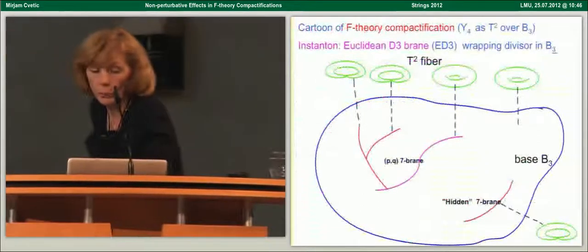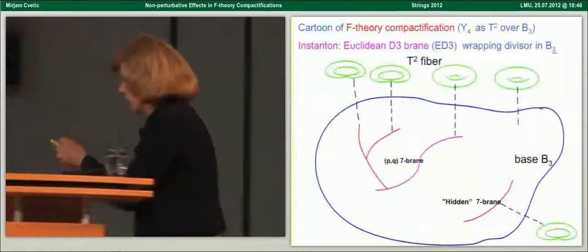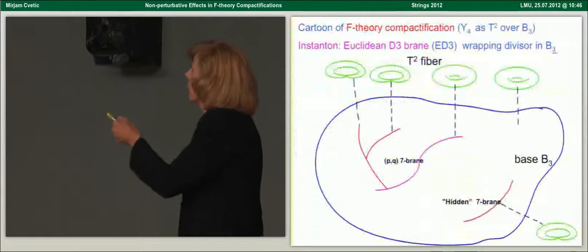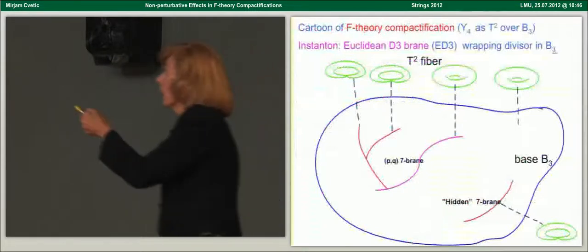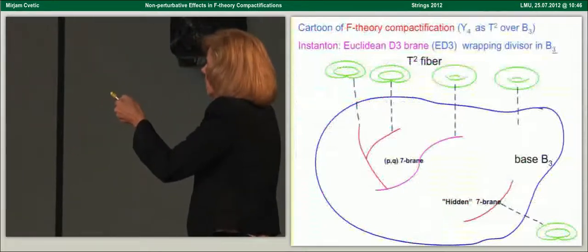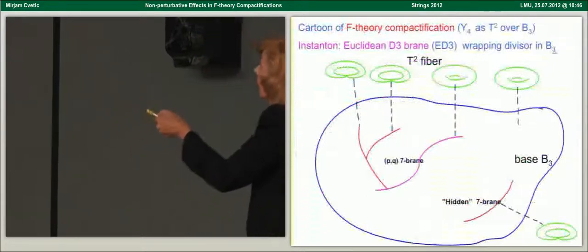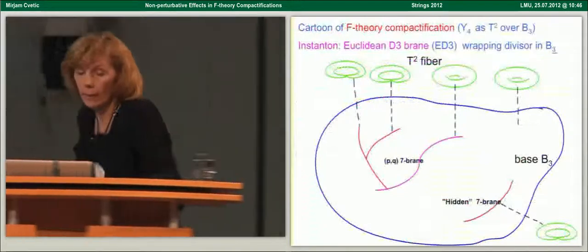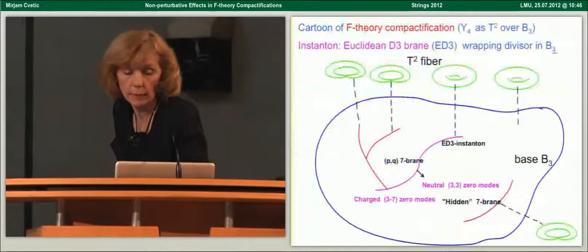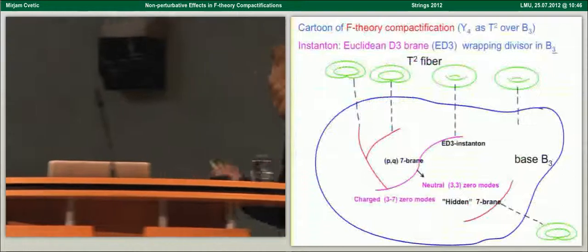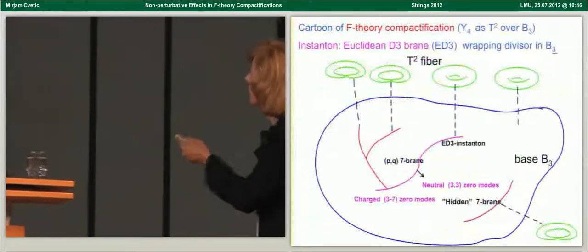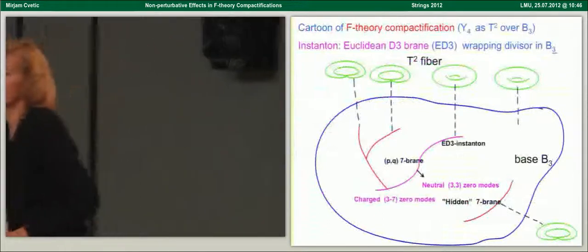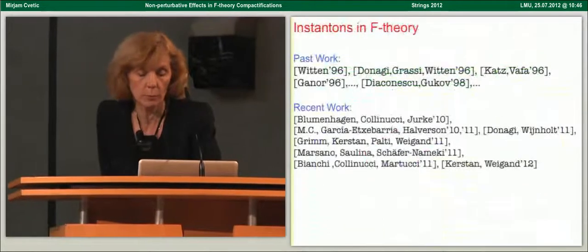And if we want to now put in this context also the Euclidean D3 instantons, we are talking now also about the divisors in the base that the Euclidean D3 brane can wrap, and actually what one is after is to get first-hand information about the nature of the zero modes in the presence of such Euclidean configurations, and of course, as a second step, their superpotential contribution.